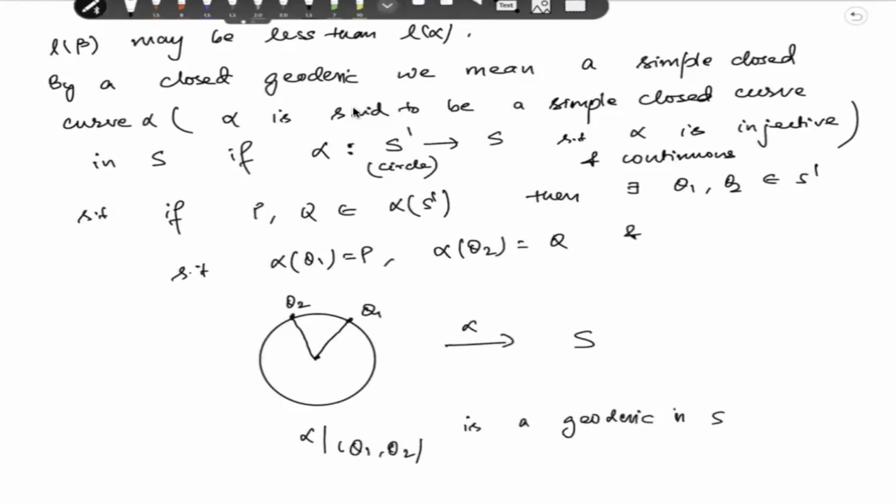That means either this portion is a geodesic or alpha restricted to theta 2, theta 1 is a geodesic in S. So the other part, alpha restricted to this arc, is a geodesic in S. That is the meaning of a closed geodesic in the surface.